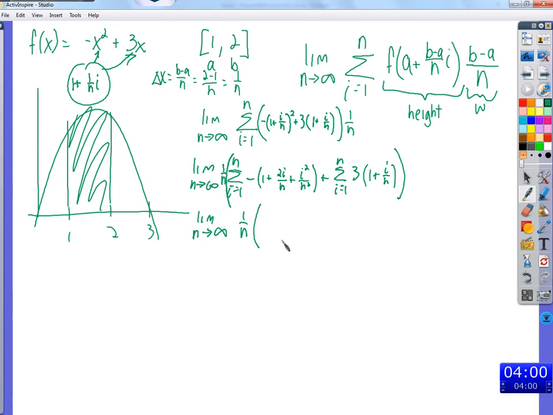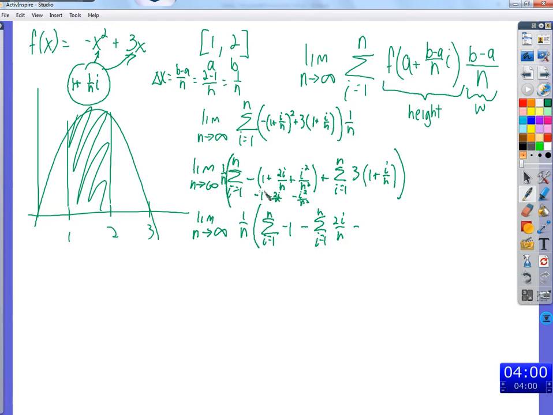Let's call it, we'll distribute the negative and call it -1, -2i over n, and -i squared over n squared. So we're going to have first this sum from i equals 1 to n of -1, minus the sum from i equals 1 to n of 2i over n.